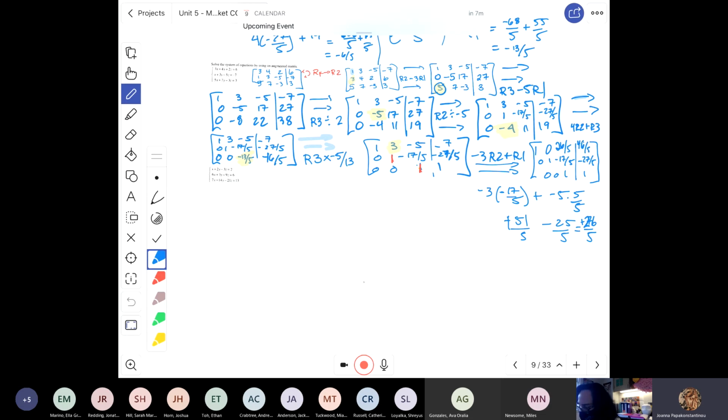Okay, now I still need to get a 0 here, which I'm going to use row 3, because how easy would that be? What would our row operations be? Oh my gosh, it doesn't let me erase this.